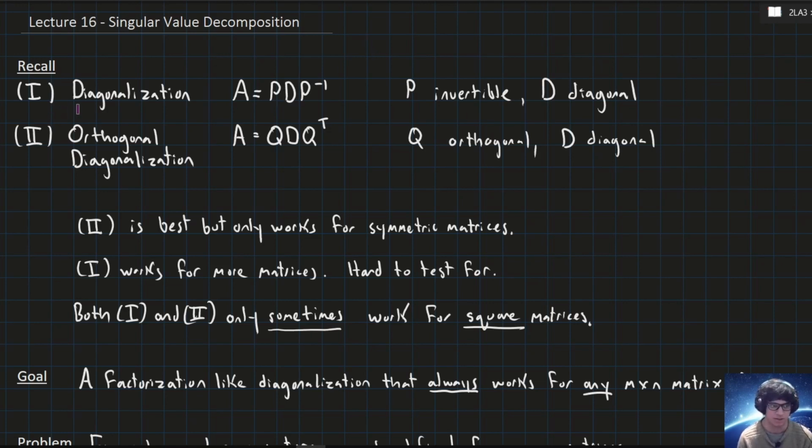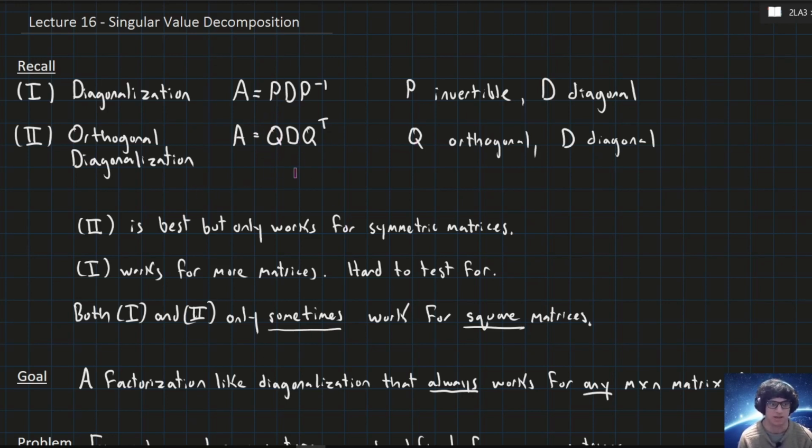Okay, and two techniques we've seen are diagonalization and orthogonal diagonalization. For diagonalization, we have A equals PDP inverse, where P is invertible and D is diagonal. And for orthogonal diagonalization, which is a specialized form of diagonalization, we instead have Q orthogonal, right?